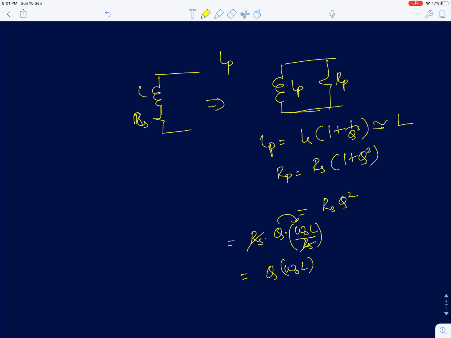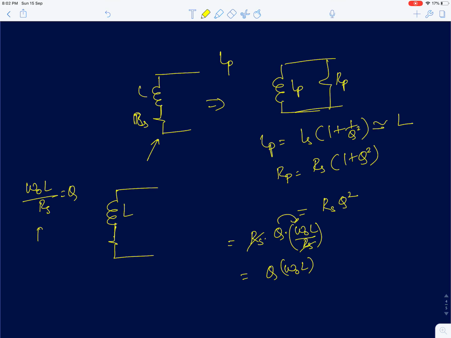In fact, for an inductor with a series resistance, either I can give you the value of Rs or I can just tell you the value of Q. That is sufficient. Q already captures losses in a circuit. If Q is infinity, it's a lossless inductor. For a finite Q, I can replace Rs, the series resistor, because I've defined Q as omega naught L by Rs.